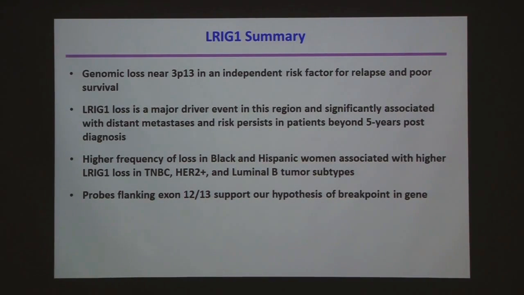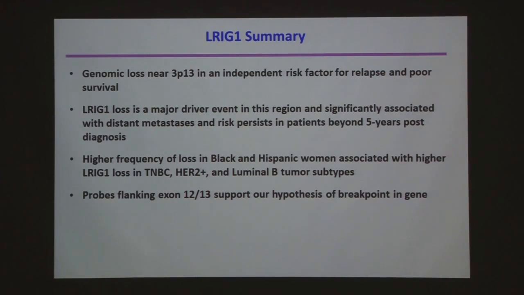These probes flanked exons 12 and 13, and it supported our hypothesis of a breakpoint in this gene. So I think what's important here is that we feel this gene could be included in prognostic arrays or assays as they are being conducted. We feel pretty confident that if somebody had this, you could use this for treatment options.